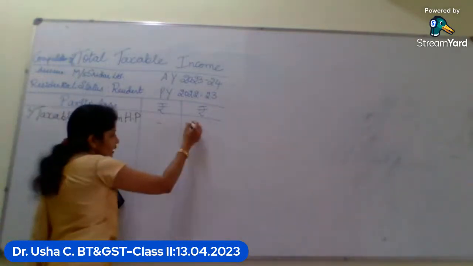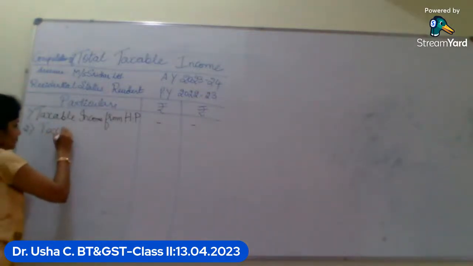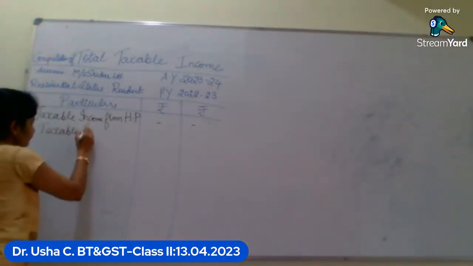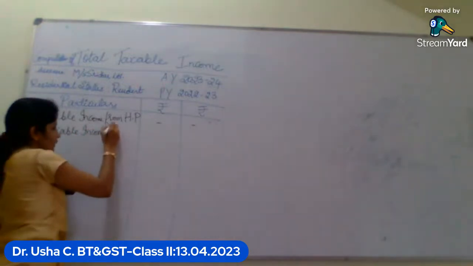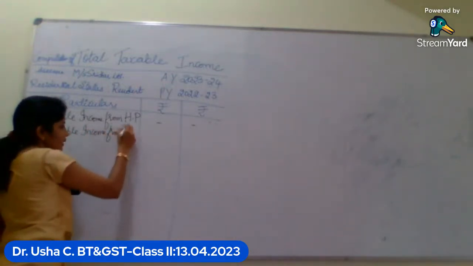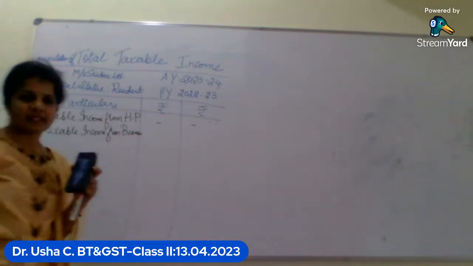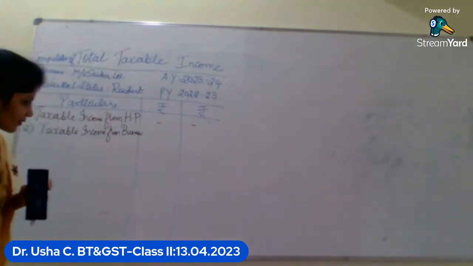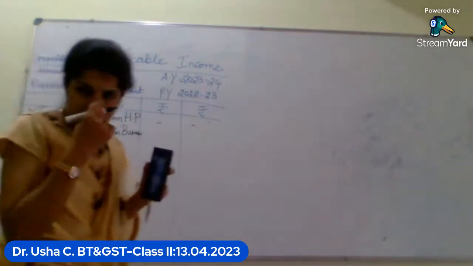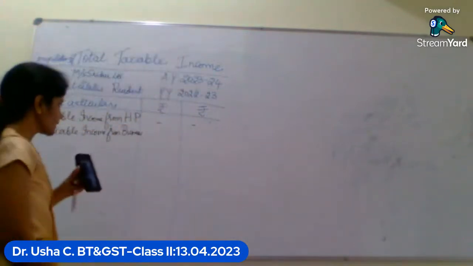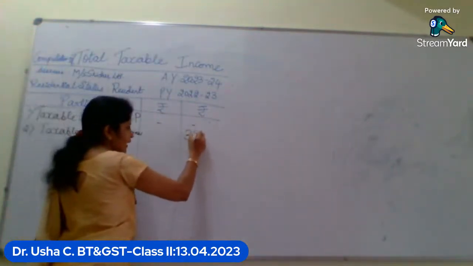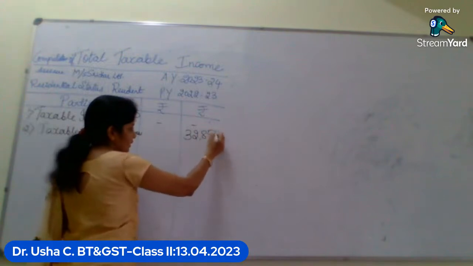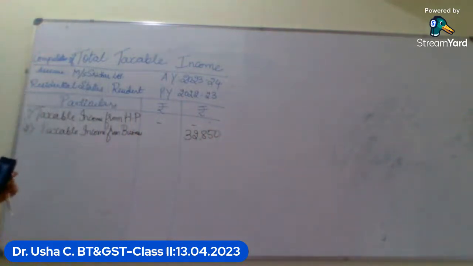You can take it as nil. Second one is taxable income from business. What is the amount of taxable income from business? I have erased it, but it is there in your message. 32,850, correct? Taxable income from business.